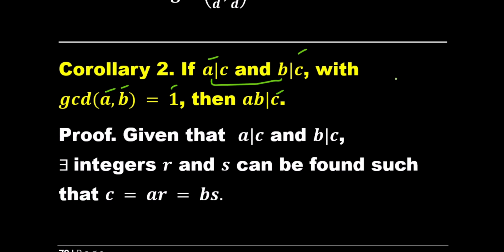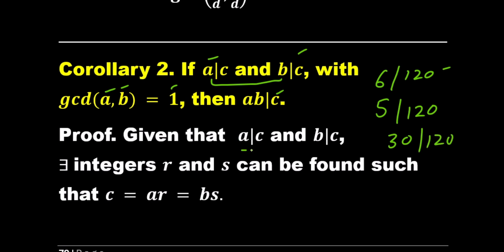For example, 6 divides 120 and 5 also divides 120. Now the product 5 into 6, that is 30, must divide 120.